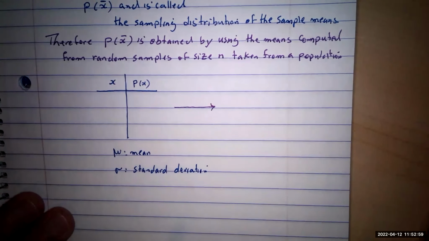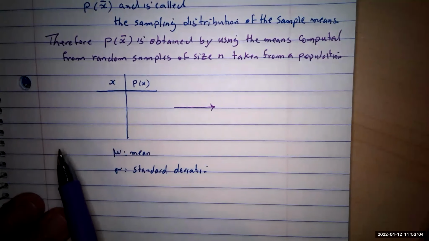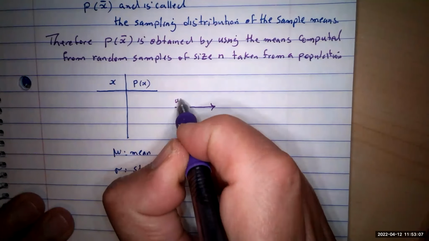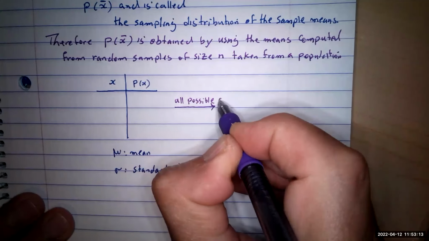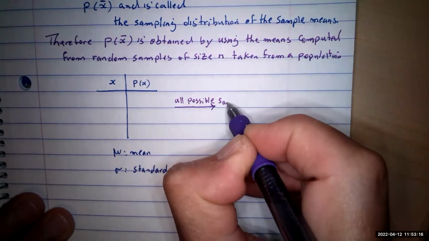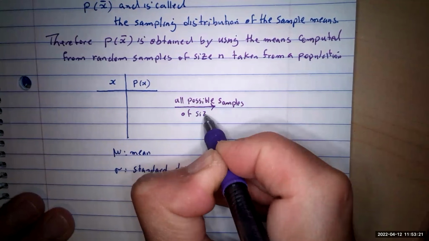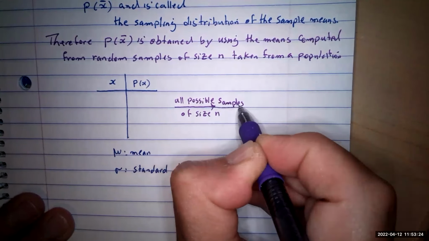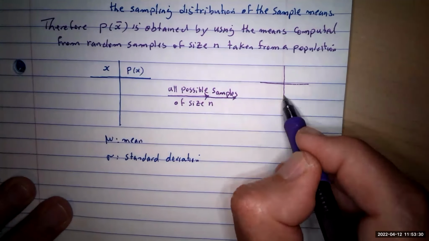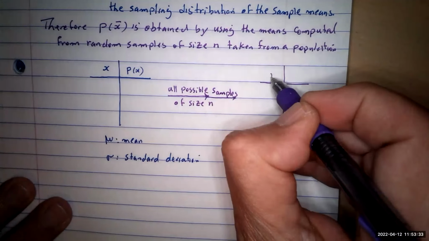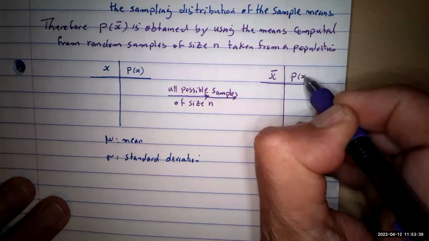In order to get the new one, we pick a number n, and we pick all possible samples of size n. Anytime we pick a sample, we find their mean x bar and then their probability P of x bar.